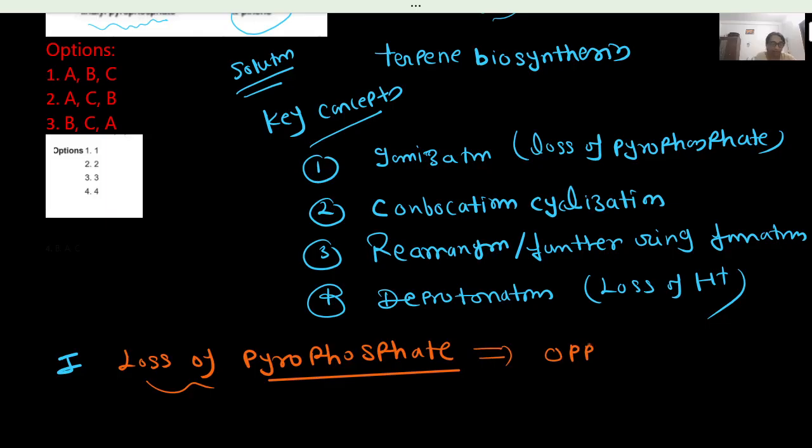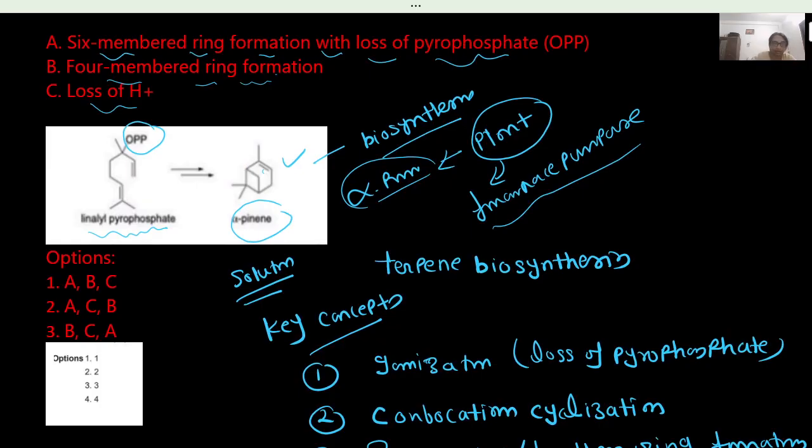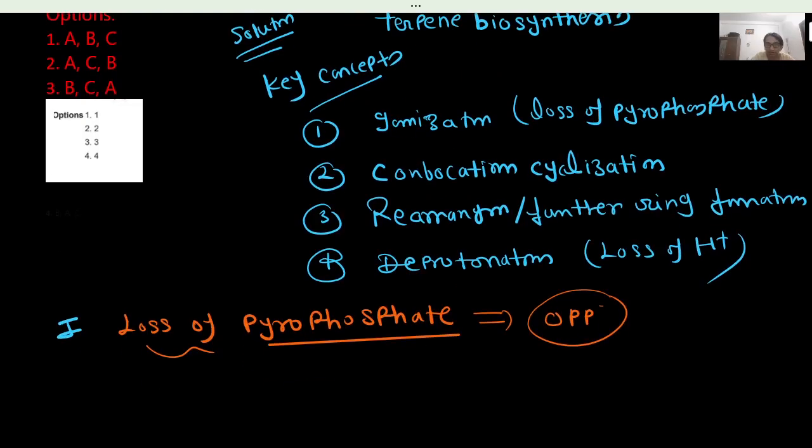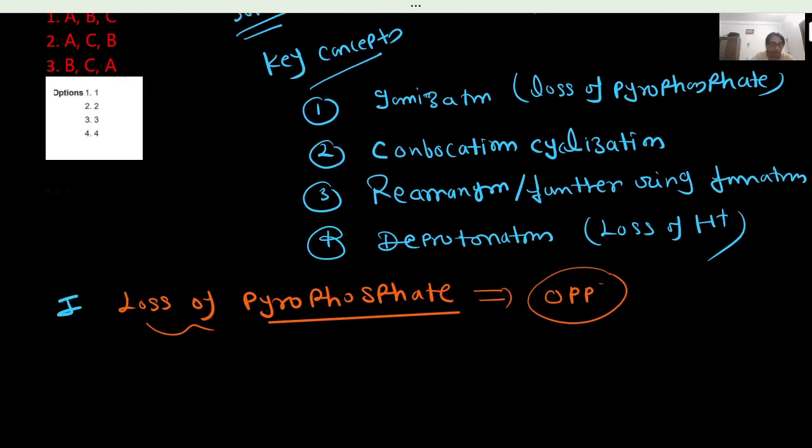OPP is present in this reactant as a pyrophosphate leaving group. So when it leaves, a carbocation forms.